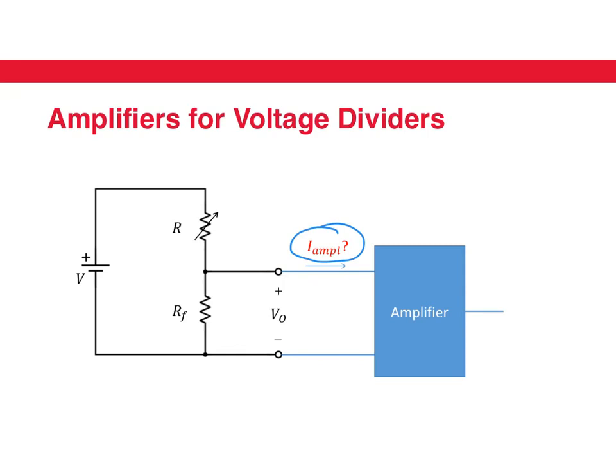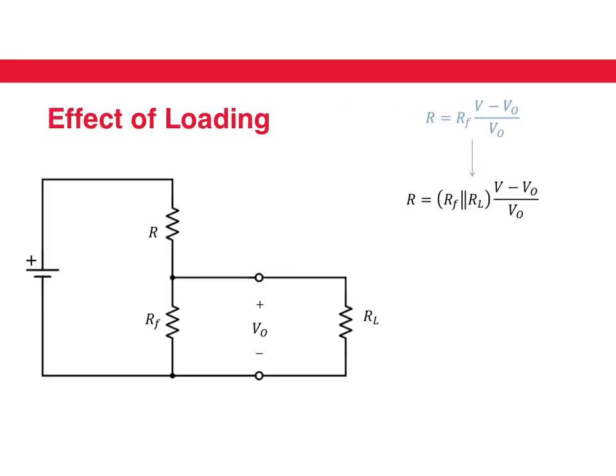Before we think of ways in which we can choose amplifiers that make this current small, let's think about the effect of a current being drawn on the circuit. One way to capture the effect of a current drawn from the voltage divider is by using a resistance RL in parallel with RF.